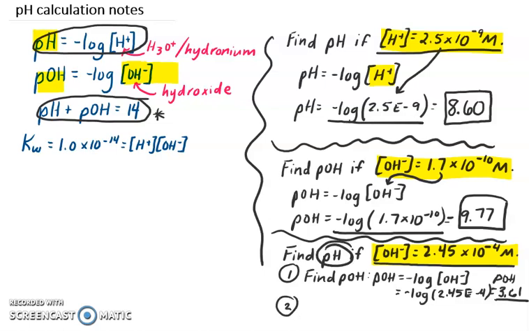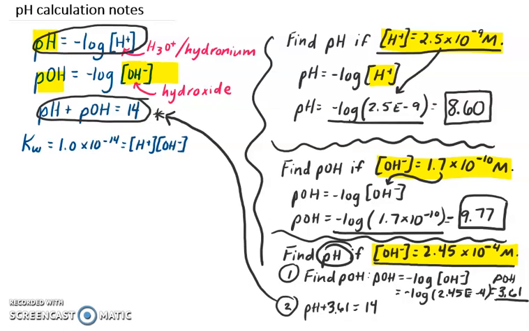But they don't want pOH, they want pH. So my second step is to use this handy formula right here. It's kind of a fun, tricky formula. Do you see how if you take pH plus pOH, you get 14? Well, that means I don't know pH, but I do know pOH, and that total equals 14.